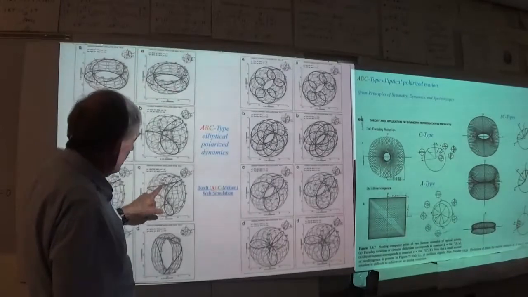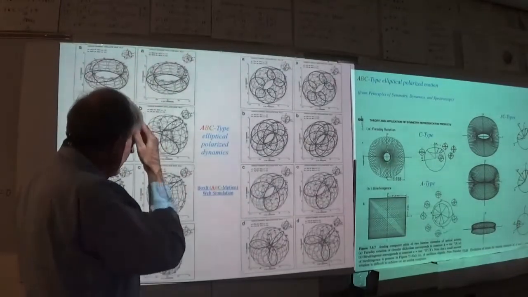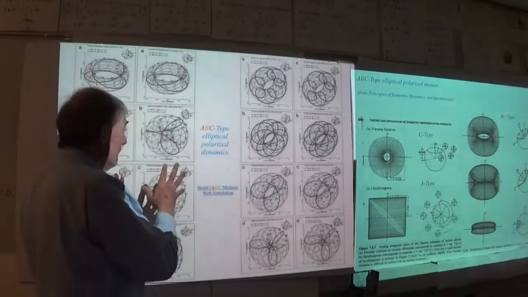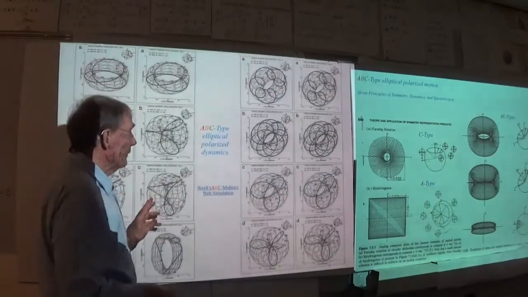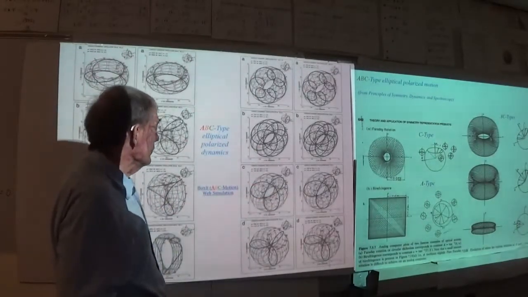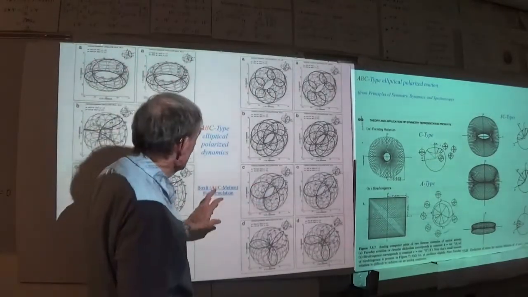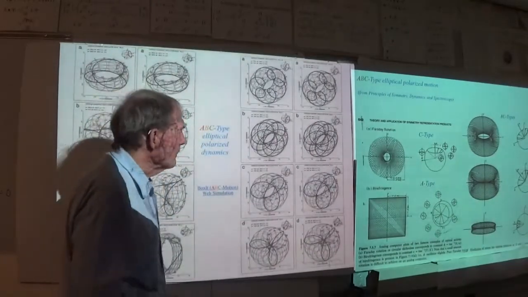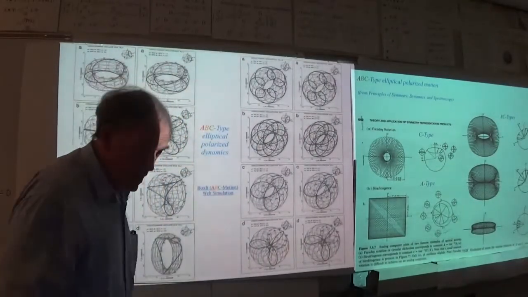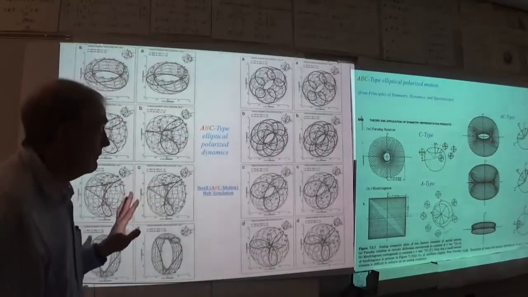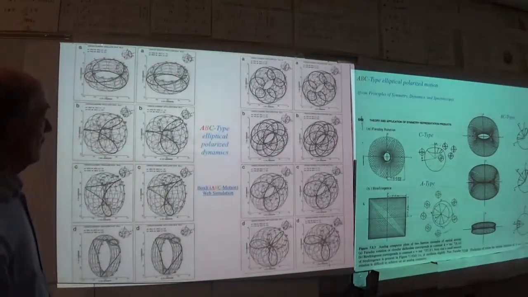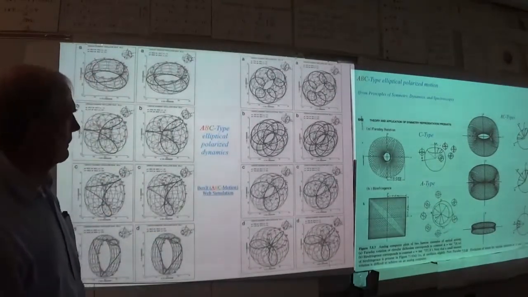So these are trajectories of things that have some properties we're going to talk about. This is ABC motion, and there's a simulation that goes with this too, which I'm going to skip because we can talk about it in a way that's clearer. This one doesn't make really clear what's going on.